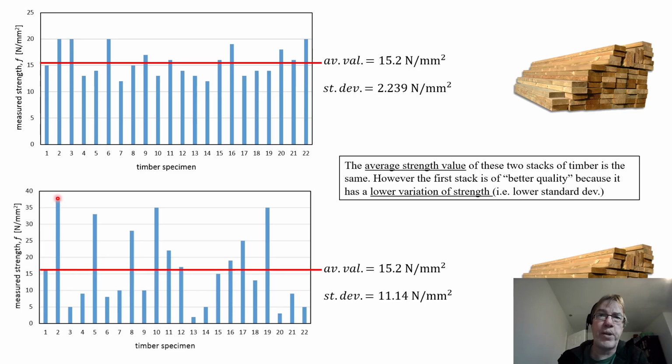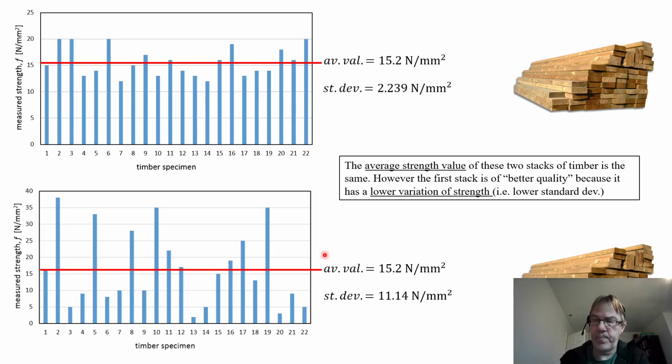That's significantly better. So is that one, and so is that one. But there's also some that are significantly worse, like down here, for example, say 2 newtons per millimeter square. And so in that, by saying the higher the average, the lower the standard deviation, the better quality of the overall stack.